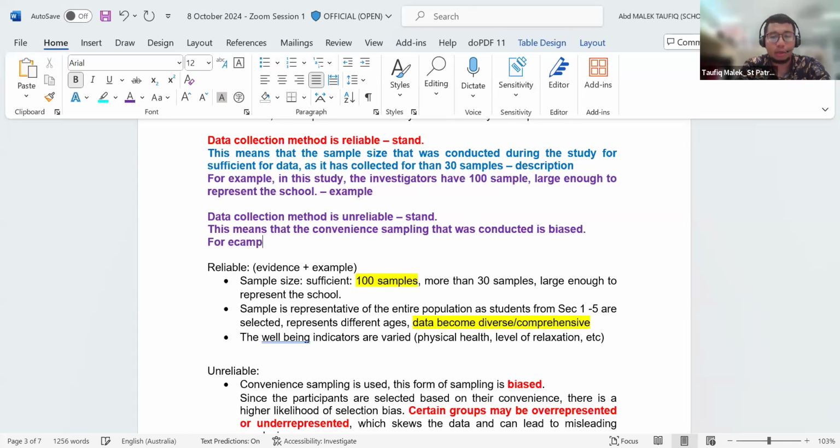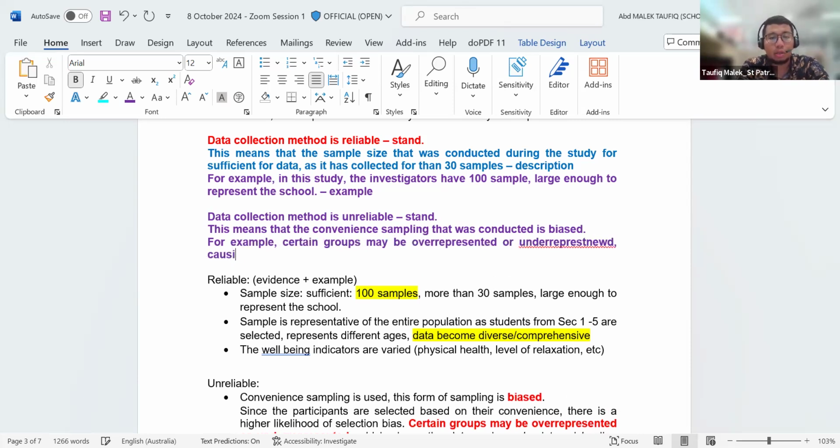For example, certain groups may be overrepresented or underrepresented, causing data to be skewed to a particular group of people.